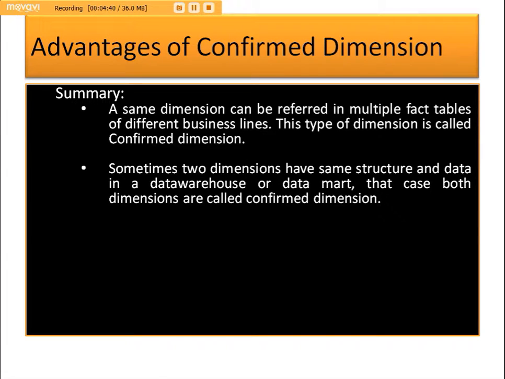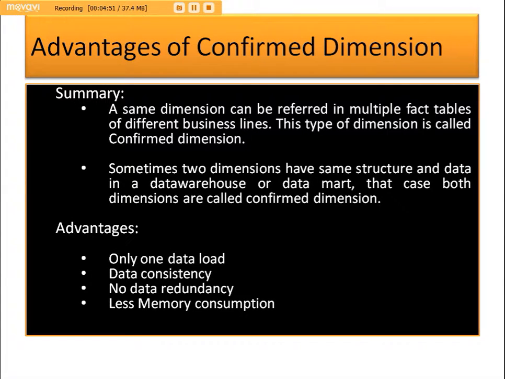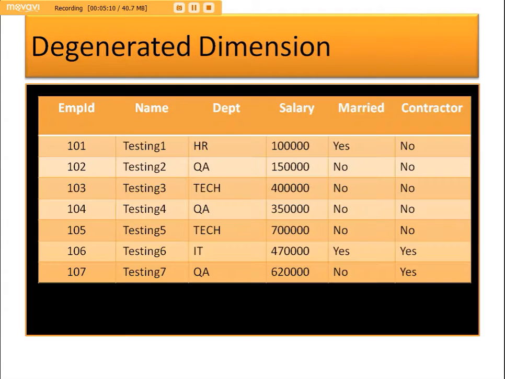It directly reduces the cost, and the data load process will also be a one-time activity. So these are the advantages: only one-time data load, and data consistency will be very high since we are keeping only one table for the entire set of data. There is no data redundancy or data load redundancy, and less memory consumption since we are having only one table.